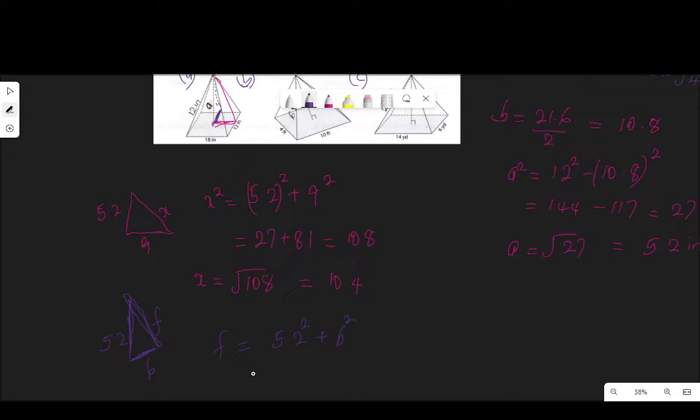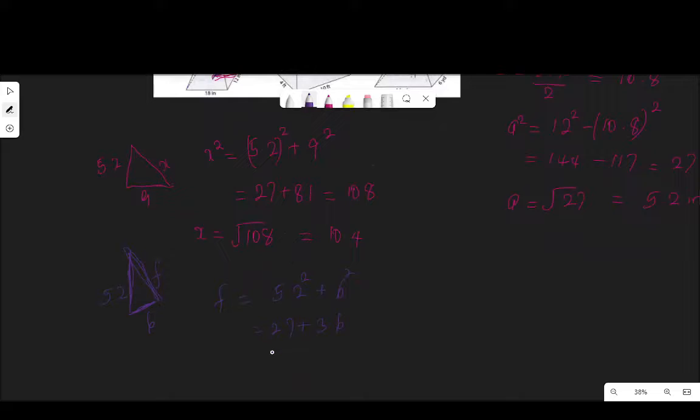And that would be 5.2 squared is 27 plus 36. 27 plus 36 is 63.